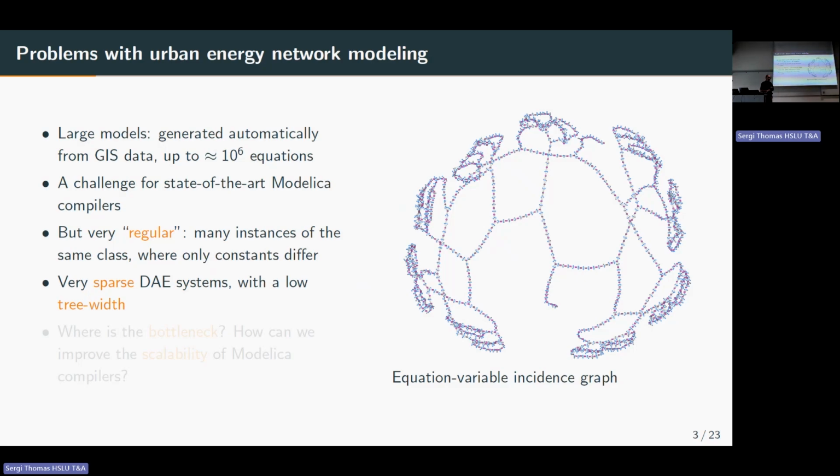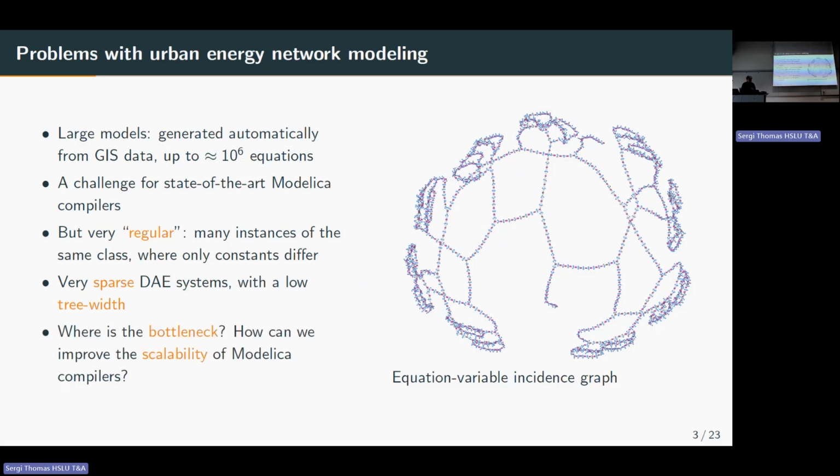This is closely related to the min cut problem. And for this graph in particular, you have a tree width of 18. This means that it is not really far from a tree, and I will make use of this property to speed up the structural analysis of such large DAE systems.